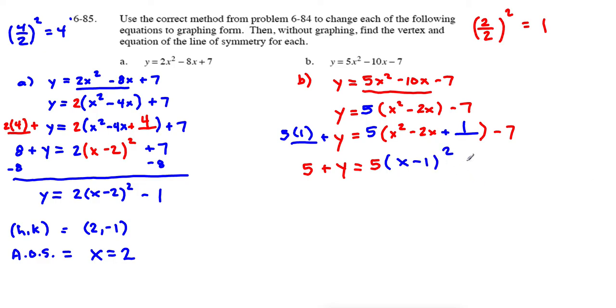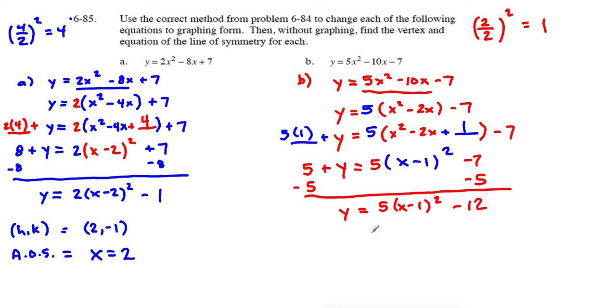And then we're subtracting 7, which leads us to our last step, and that is going to be where we get y by itself. Let's subtract 5. And we get y is equal to 5 times the quantity of x minus 1 squared minus 12.